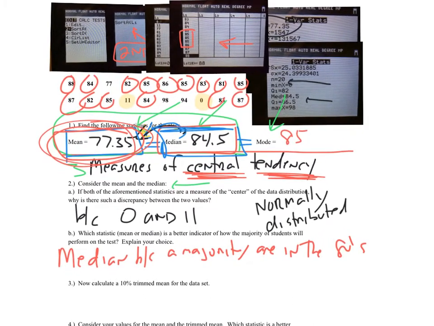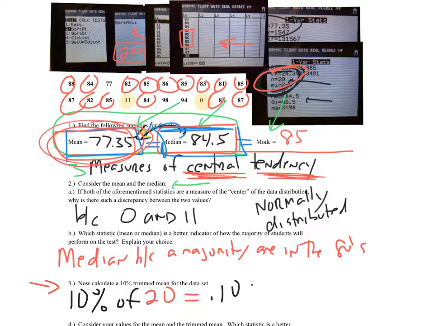Now what we need to do is calculate the 10% trimmed mean for the data. So we're going to figure out what 10% of the data values is. Here we were given 20 numbers. So we're going to do 10% of 20, or 0.10 times 20, or when you take 10%, you just move the decimal point once to the left.